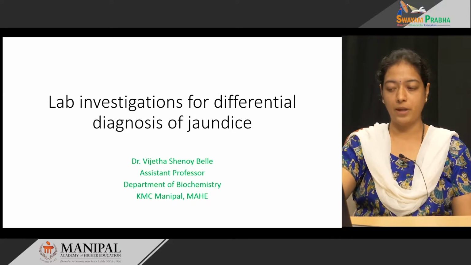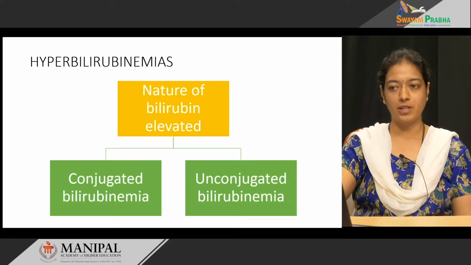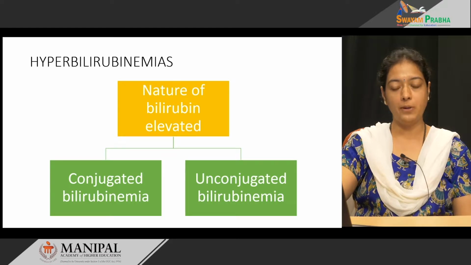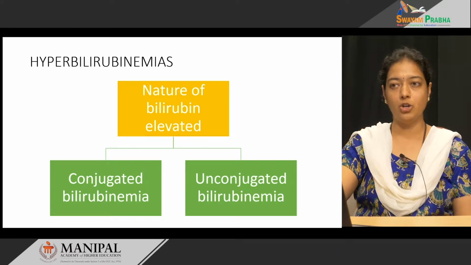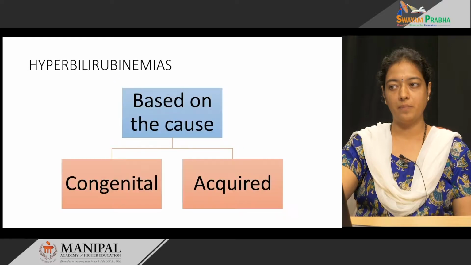Before going to the lab investigation, let's see a little bit about jaundice. So, jaundice or hyperbilirubinemia. Depending upon the nature of bilirubin elevated, it can be classified into conjugated hyperbilirubinemia or unconjugated hyperbilirubinemia.